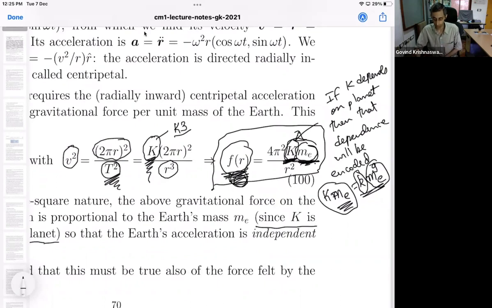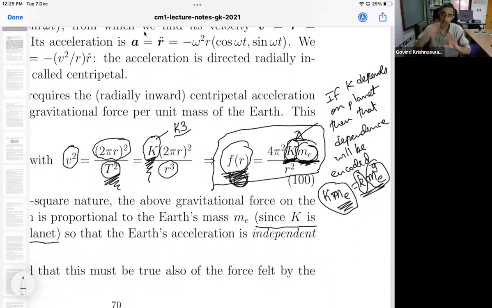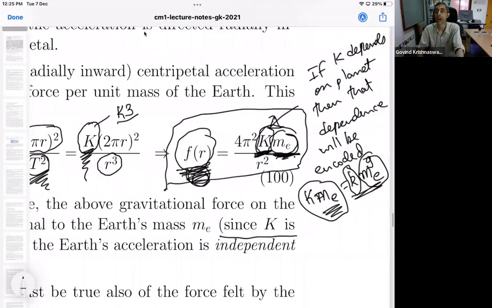So please put aside our previous discussion of gravitational and inertial masses for now. We'll bring it back, that is very useful. For now, we just observe that if Kepler's constant is not an absolute constant and has some dependence on the planet, that dependence could be encoded in some factor which we will call the gravitational mass.